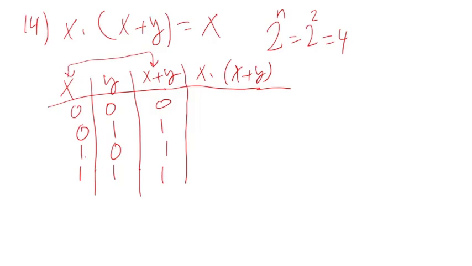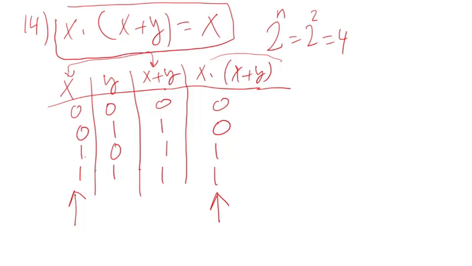If one of them is 0, the outcome is 0. 0, I have 0 there, I have 0 here. 1 and 1 is 1, 1 and 1 is 1. So you see, if I compare x to this expression here, they're the same. So indeed, this is true. So you see, the truth table is a powerful tool.